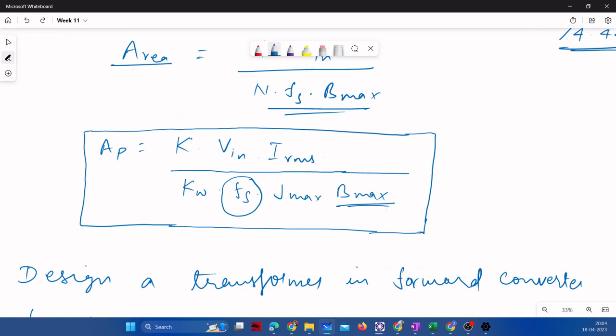So if you remove this K from here, then you will have the area product with 4.44. Now you consider this expression, and the duty ratio will again have to be taken care of. That will come in handy with input voltage if you know the output voltage, or the number of turns if you don't know. However, area product is independent of number of turns, but anyway, if you require it, then you can use it. Is it okay now?